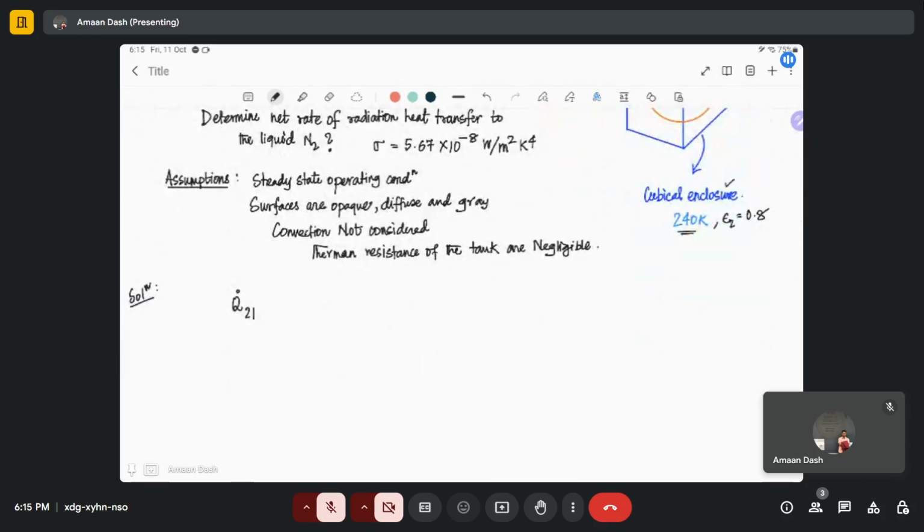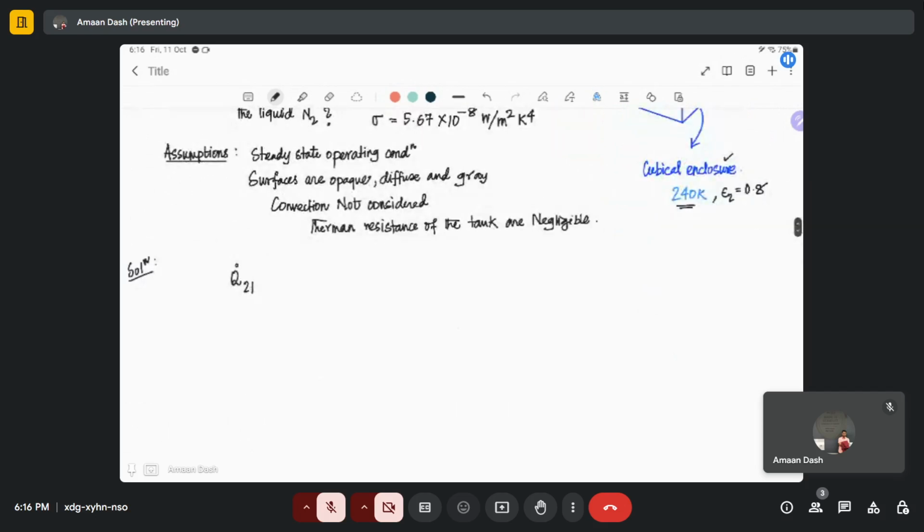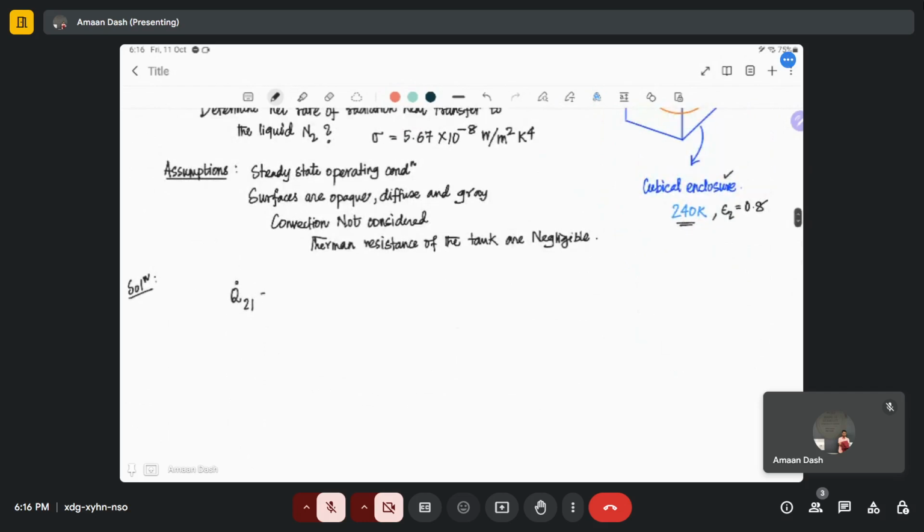Okay, so let us try to solve this. If we see this figure, we have a cubical enclosure which is at 240 Kelvin, and we have a spherical tank, and this is at a temperature of 100 Kelvin.